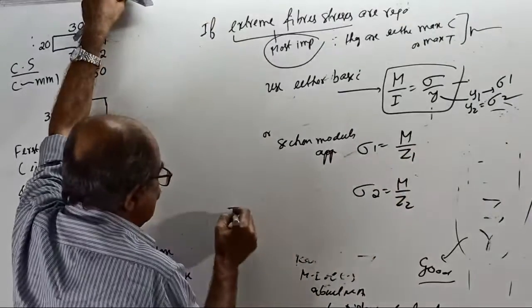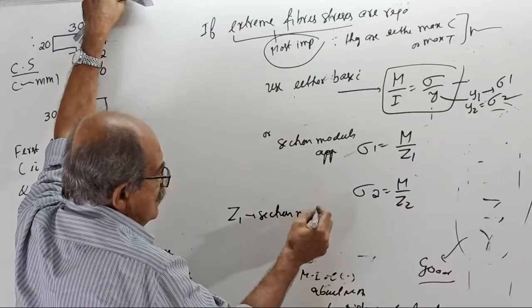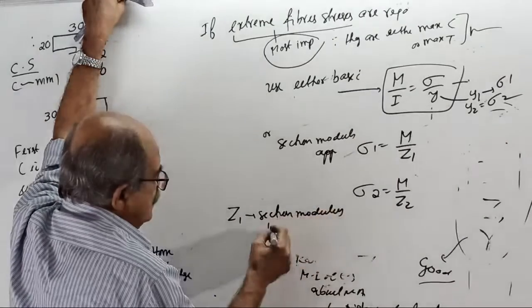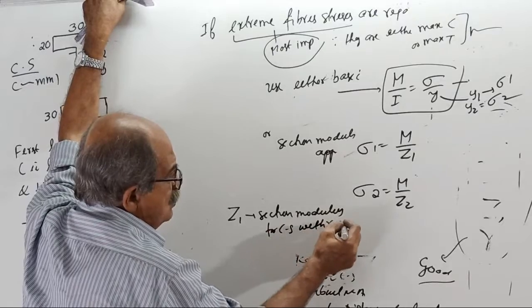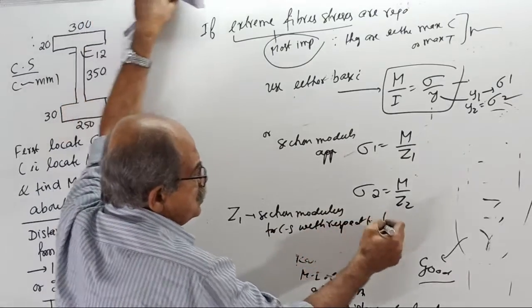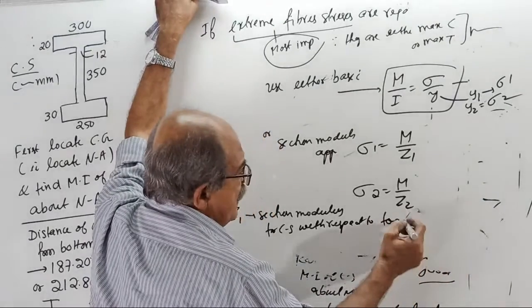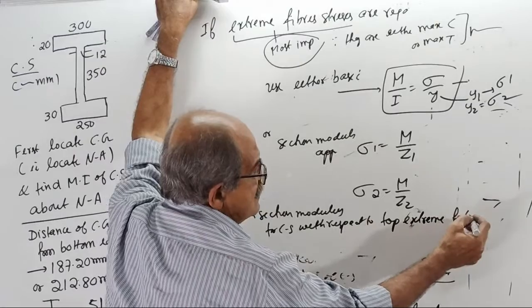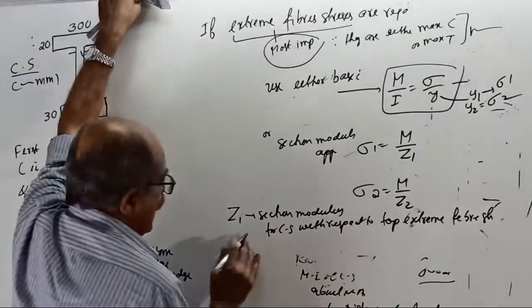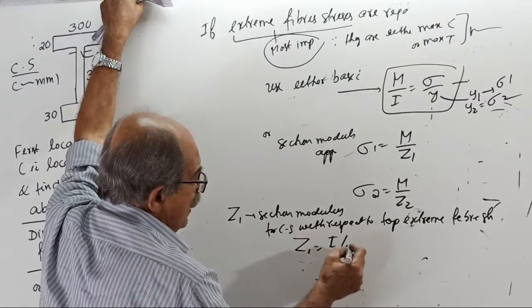Z1 is the section modulus for the cross section with respect to the top extreme fiber stress, and Z1 equal to I divided by Y1.